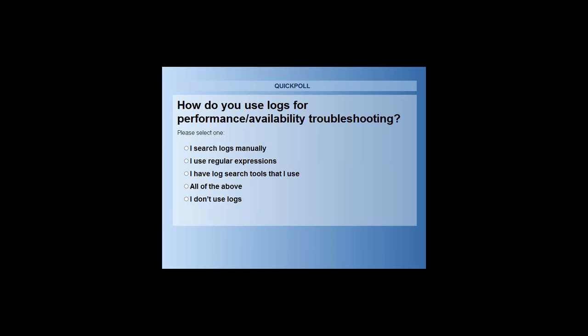So Western Union is a user of Splunk, and they wanted to see how operations analytics would work alongside Splunk. And in this case, what they wanted to do was apply operations analytics to look at their most important applications.